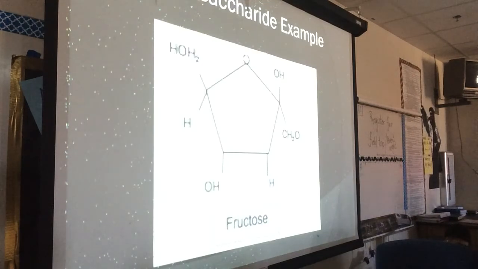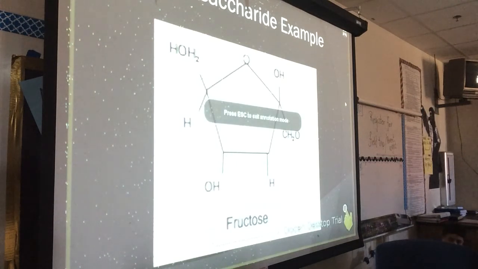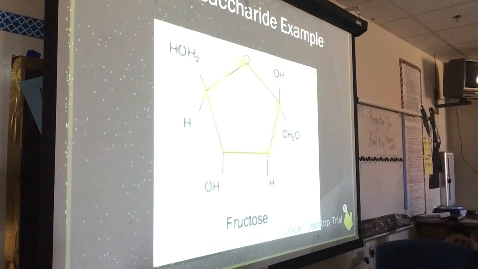All right, so here's an example of a monosaccharide. I don't want you to draw this much detail in your notes, but I would like you to draw the five-sided shape and label this.